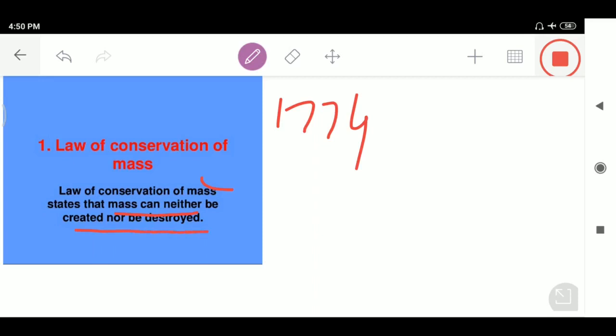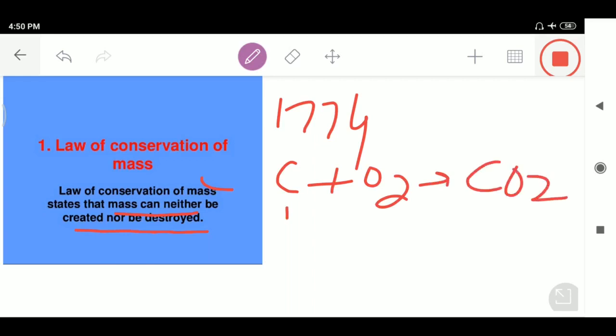Let me quote a previous example. Carbon plus oxygen gives carbon dioxide. Carbon has atomic number 6. An element has mass because of neutrons plus protons, and the neutron number is equal to the proton number.